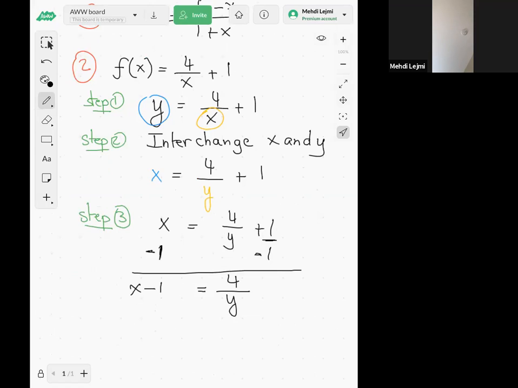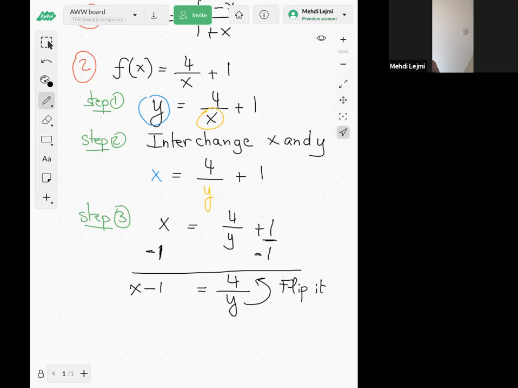All right, now we are in kind of trouble because our y is in the denominator, right? So we want to move this y to the top, and to do that we can flip our fraction. If you flip this fraction, then you can move your y to the top.